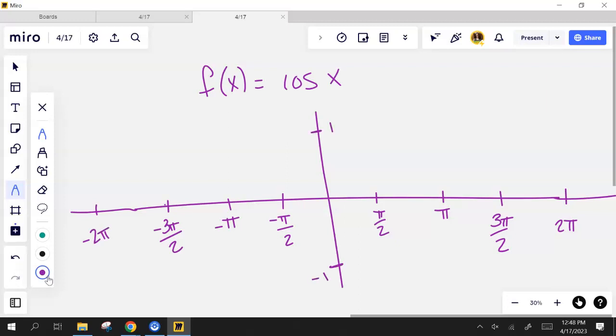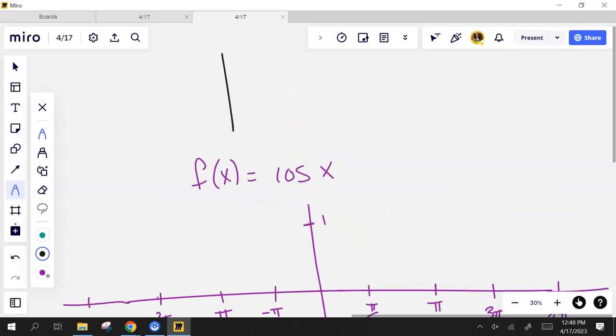All right, here we go. What is the cosine of 0? Back on the unit circle. At 0, what is cosine? 1. That's my x value, right?